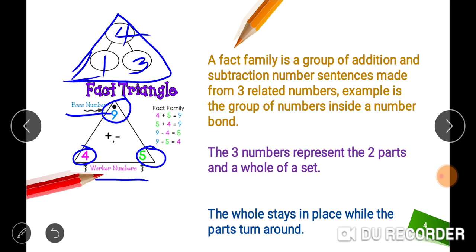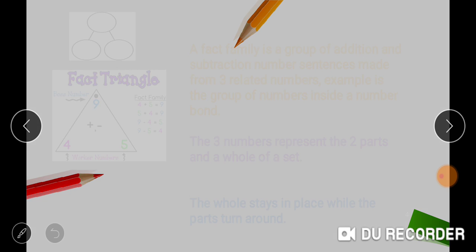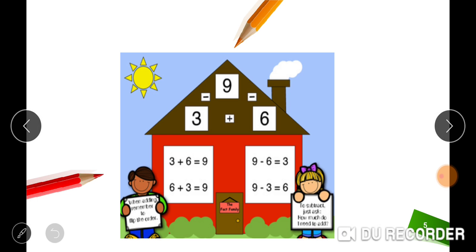Please pay attention very well. All the while that we've been doing number bonds, it has been addition. We've been adding and adding and adding. Now I want us to bring in subtraction. So this is what a fact family house looks like.